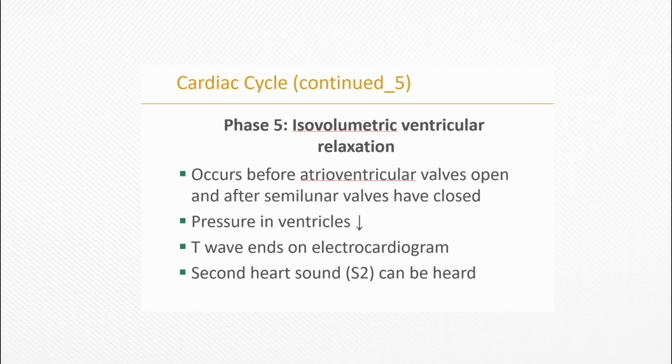And then phase 5, you have isovolumetric ventricular relaxation, and this occurs before the atrioventricular valves open and after the semilunar valves have closed. So the pressure in the ventricles decreases. The T wave ends on the electrocardiogram, and the second heart sound, S2, can be heard at this point.